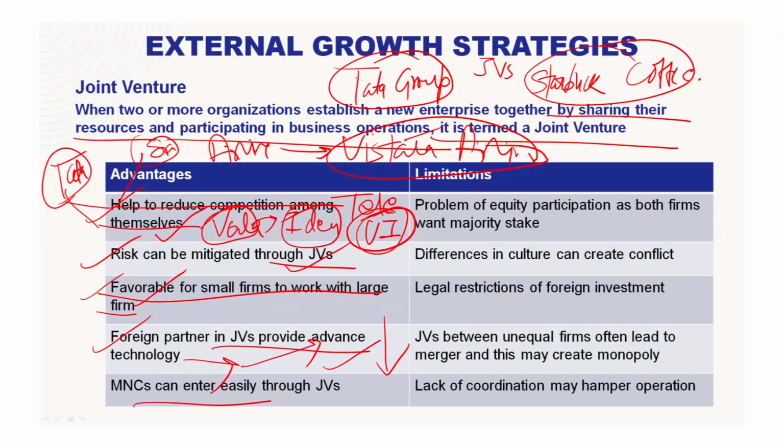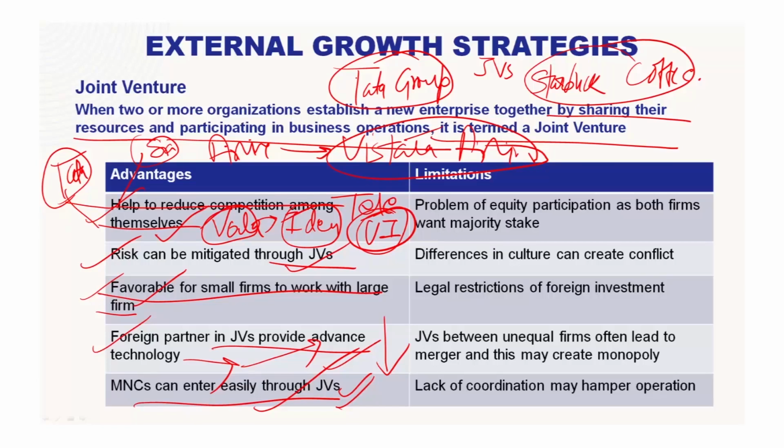MNCs can enter easily through the joint venture. Big companies or foreign companies can form a joint venture as a tool for strategic alliance to enter a new market.